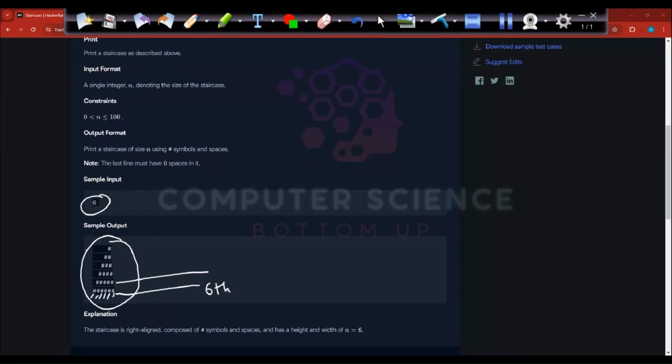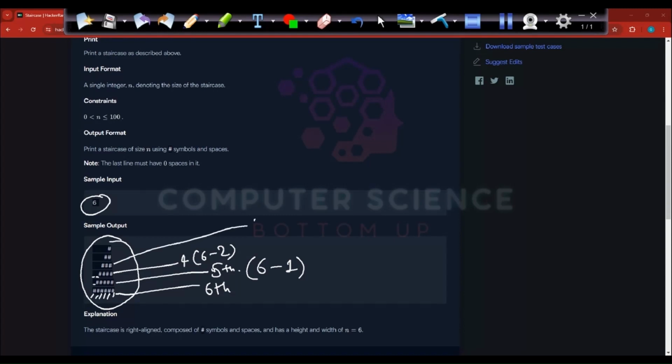At the 5th level, which is 6 minus 1, you have one space followed by 5 hash symbols. At the 4th level, which is 6 minus 2, you have 2 spaces followed by 4 hash symbols.